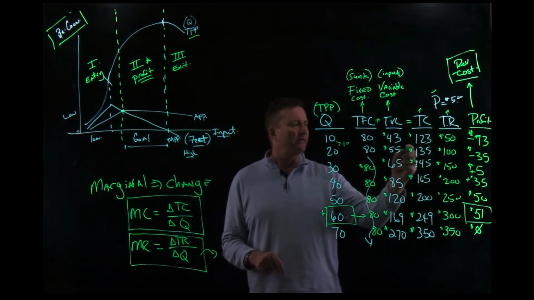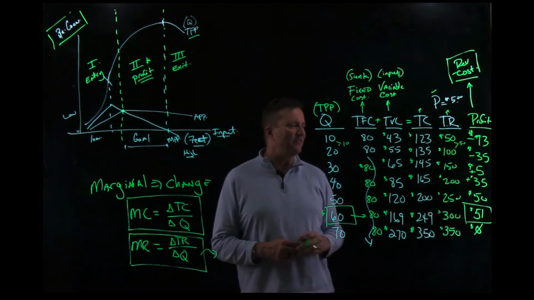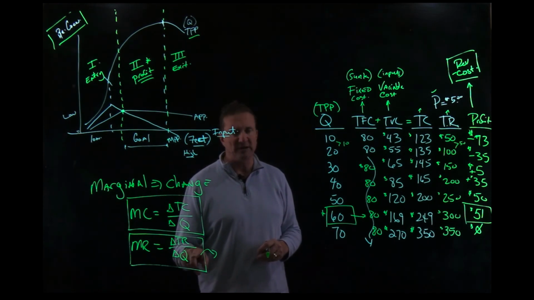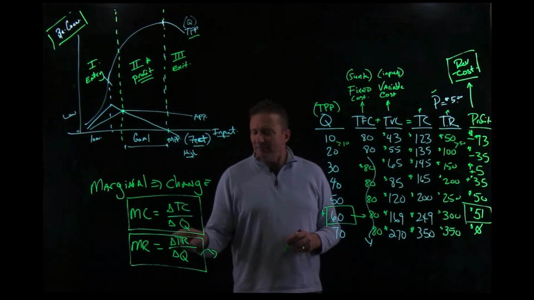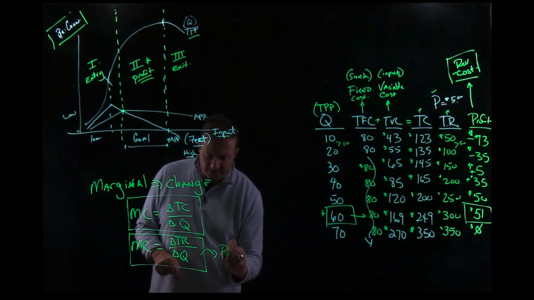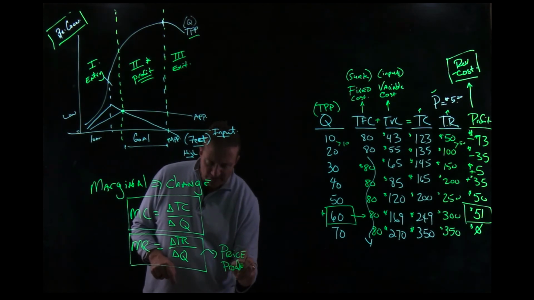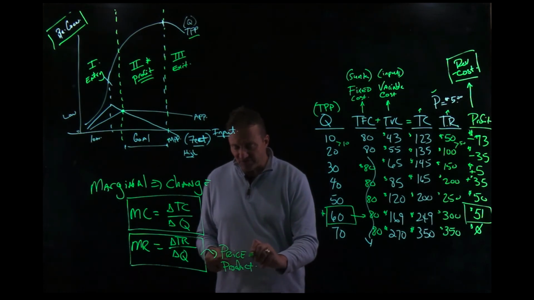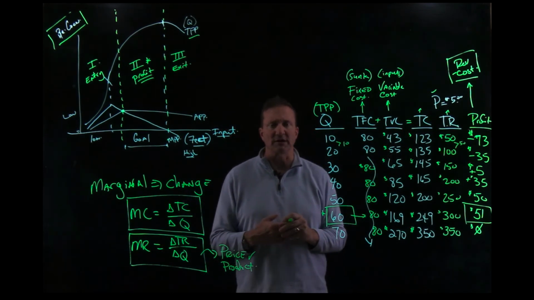If I come over here and look, my revenue went up by $50. So the change in revenue is 50 divided by the change in quantity, which is 10. That's $5. Marginal revenue is always equal to the price of the product. There is no real thing to calculate here. So this is really what marginal revenue always is. It's always the price of your product.